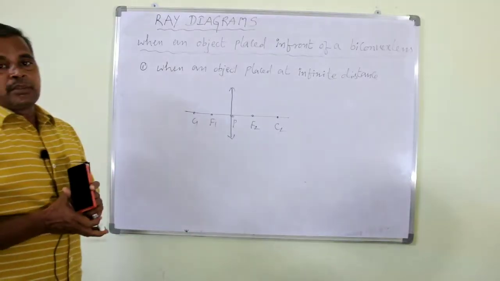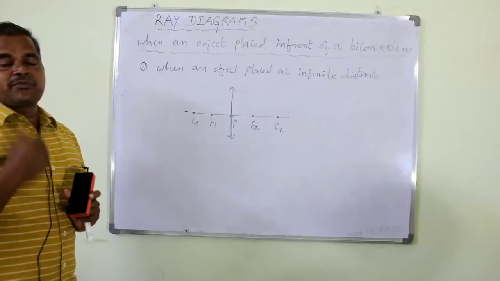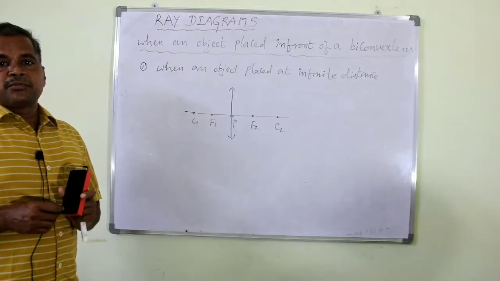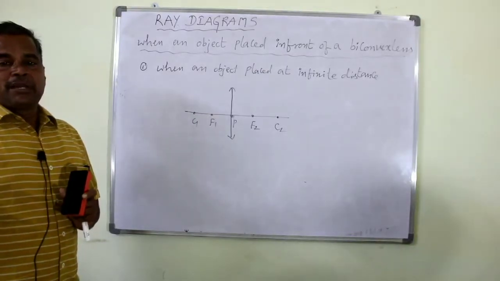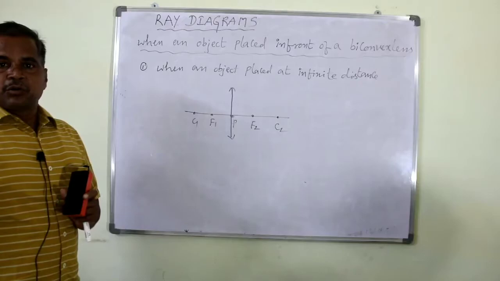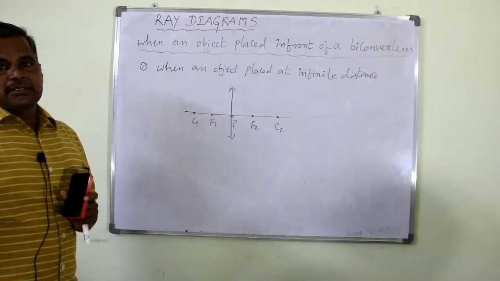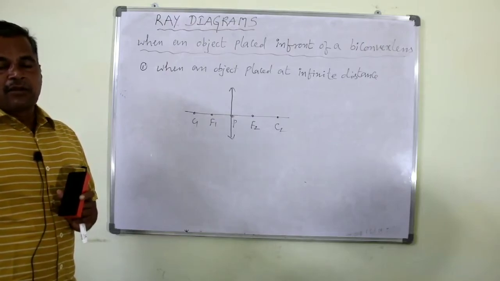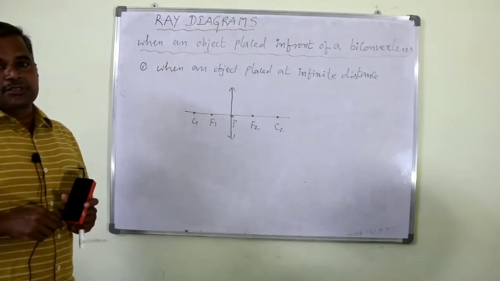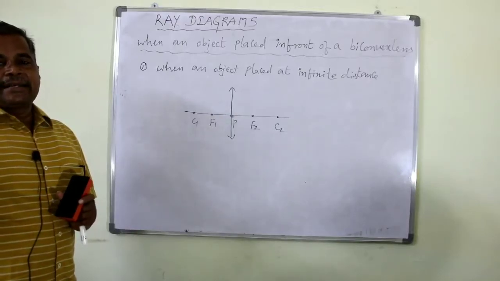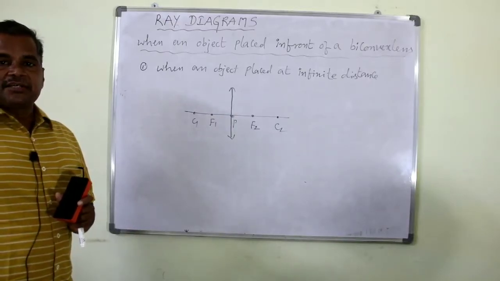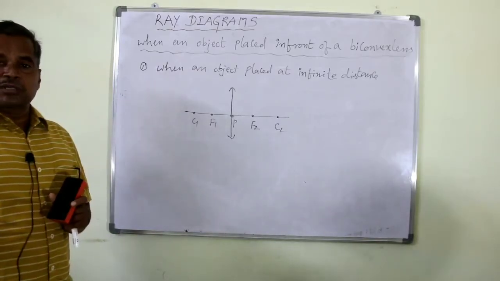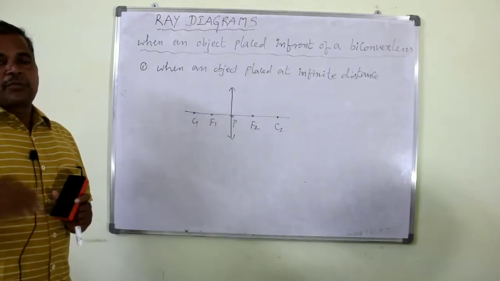For example, the light rays which come from the sun, if you place any lens opposite to those light rays, they must meet or converge at one point. That point is treated as the focus point. That's why the light rays which come from infinite distance must travel parallel to the principal axis, like the light rays from the sun.